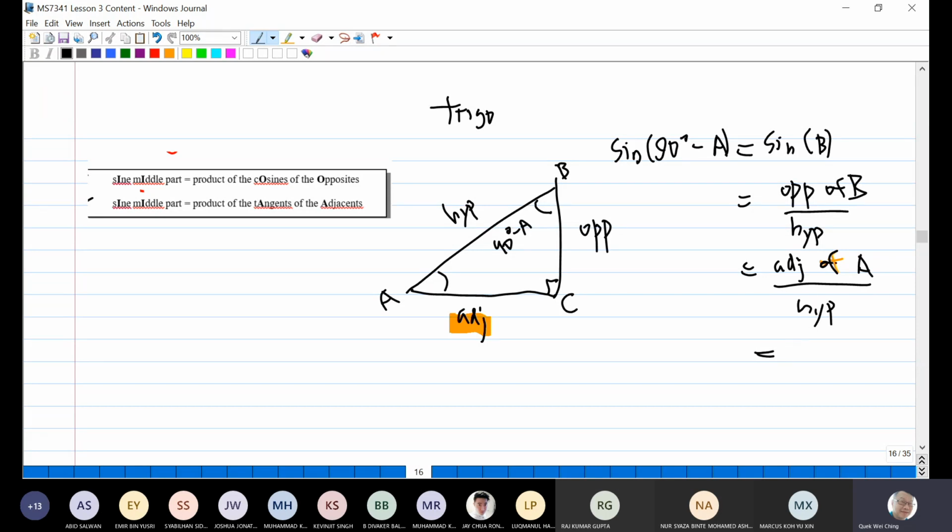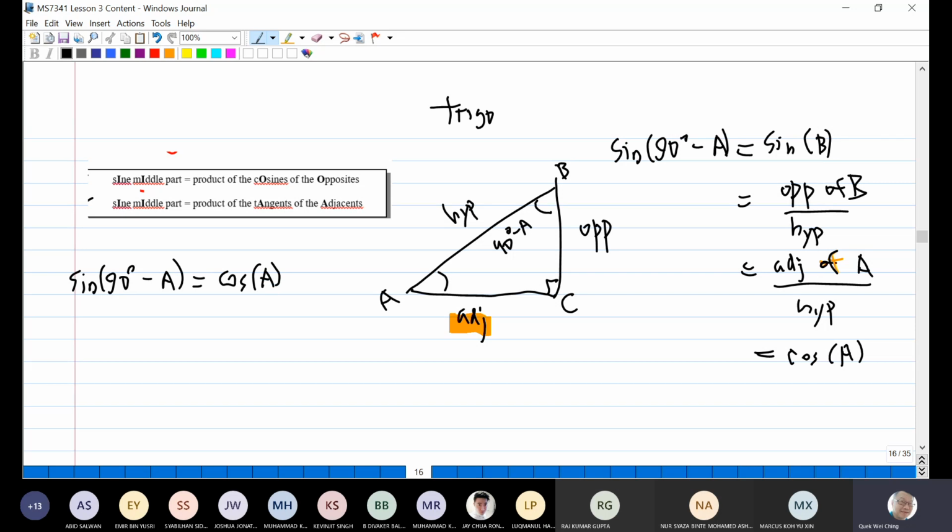We have a name for this. We call it cosine of A. So next time you see sine of 90 minus A, it is cosine of A.